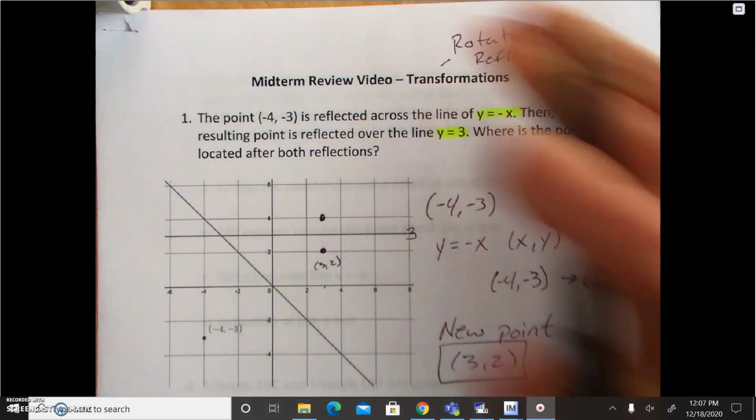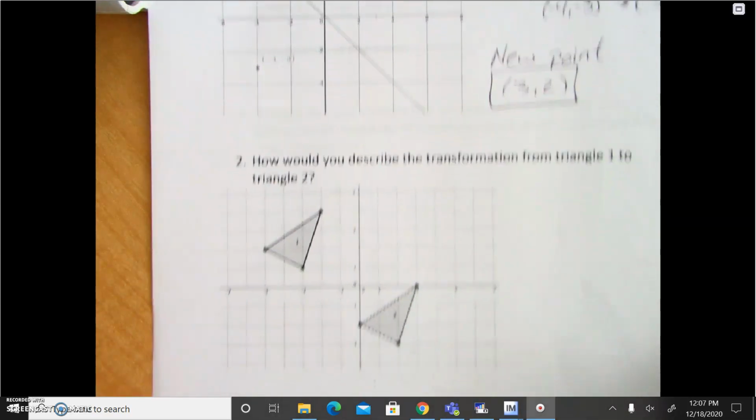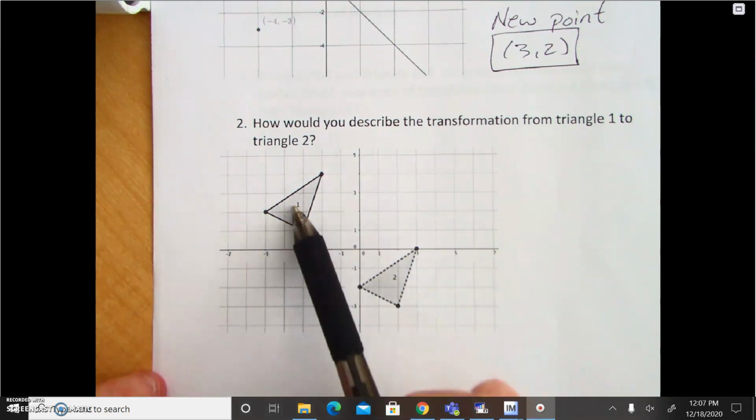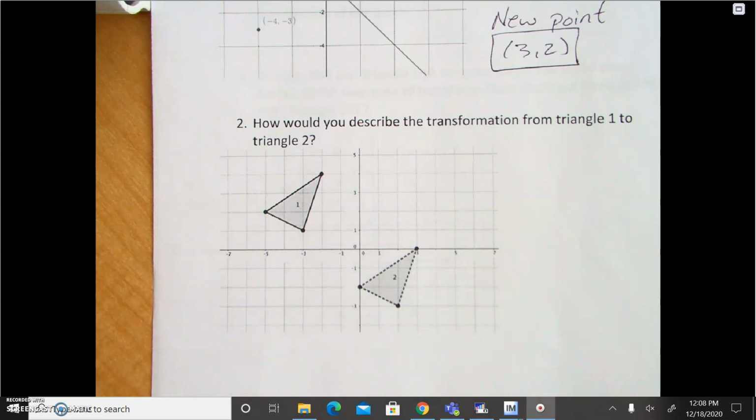Okay. The next one is we need to describe a transformation from triangle 1 to triangle 2. So let's look at this. These triangles look congruent, so it just looks like we are just sliding this triangle over. So I'm just going to look at my triangle, and I want to see which points look like they're in the same place.